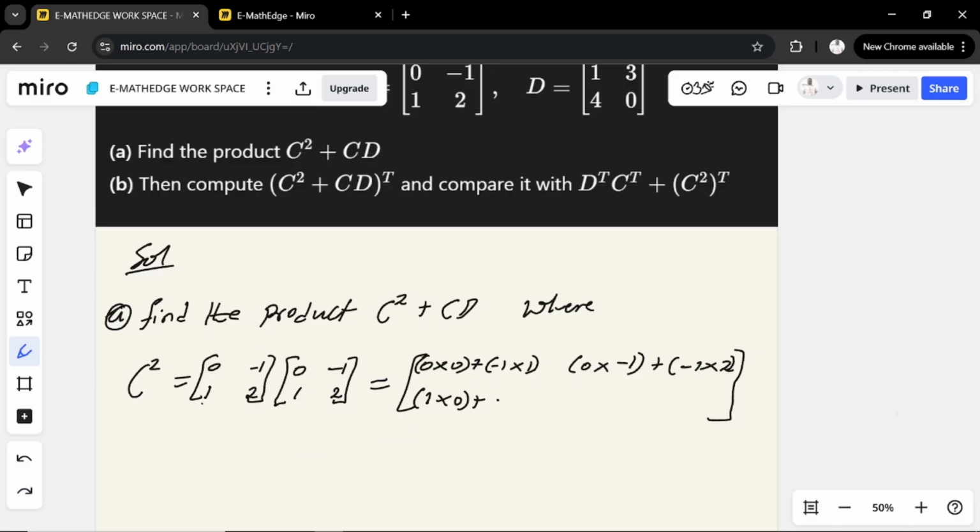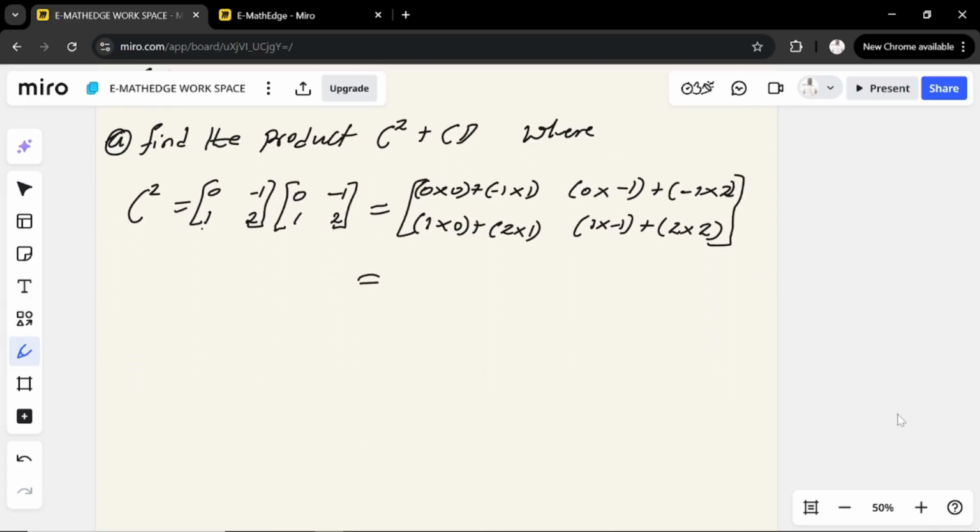Now for the element in the second row, second column, it's going to be the second row of the first matrix multiplying the second column of the second matrix. So we are going to have 1 multiplying -1, plus 2 multiplying 2.